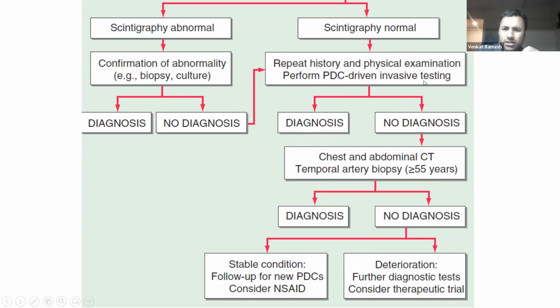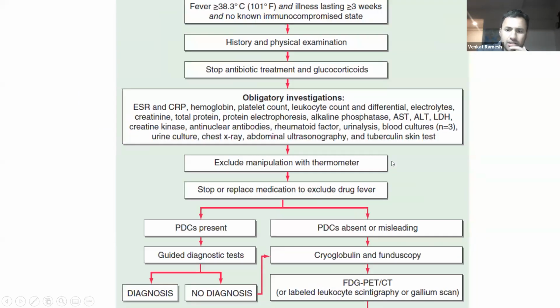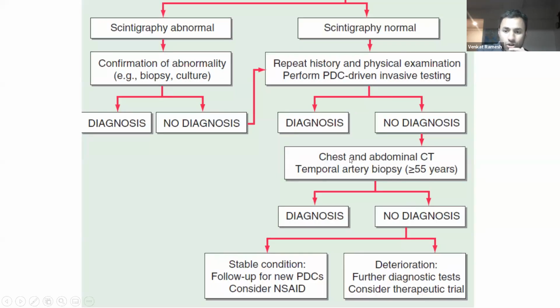If it is normal, again, you go through the history and so on. Then if you're not able to get a diagnosis, you do a temporal artery biopsy and a chest and abdominal CT. Somewhat this has been reversed in terms of getting an FDG PET-CT first, and then if it's normal, doing a chest and abdominal CT. So I would say there is no definite consensus.